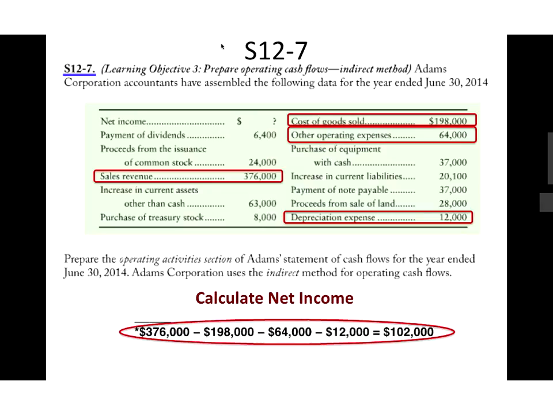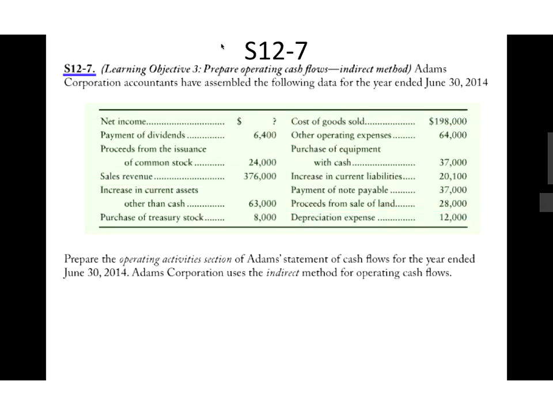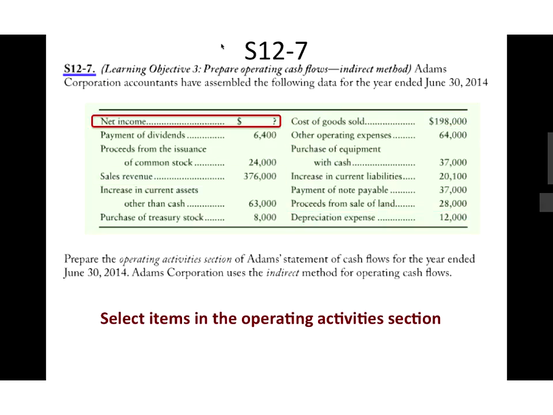So now I'm imagining that I have that list of adjustments for the operating section, the part that I'm going to give you on the exam reference sheet and that we went over on Monday. So what I'm going to do now is select all the items in the operating activity section.